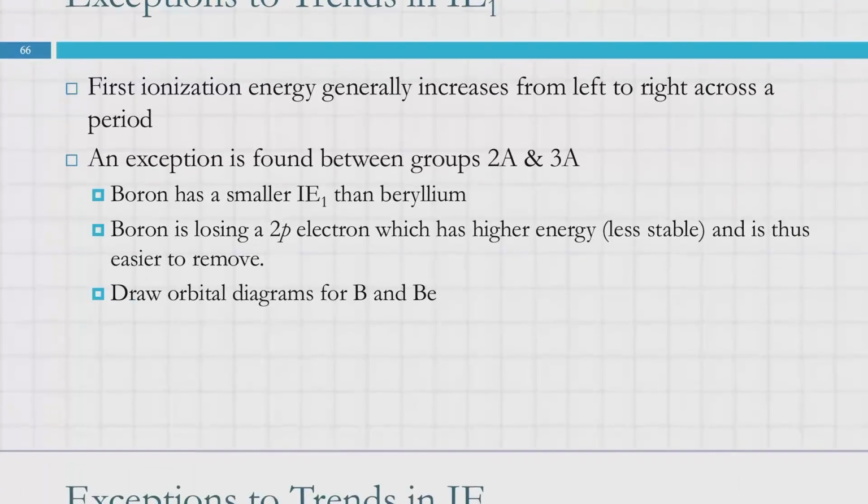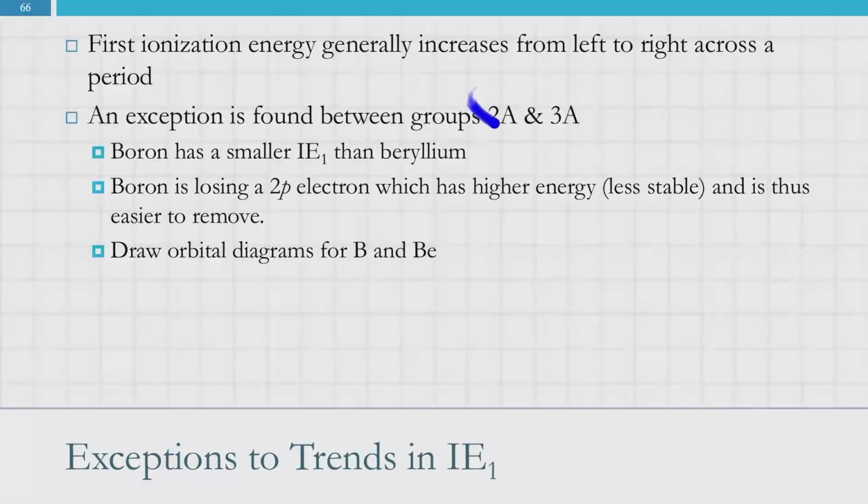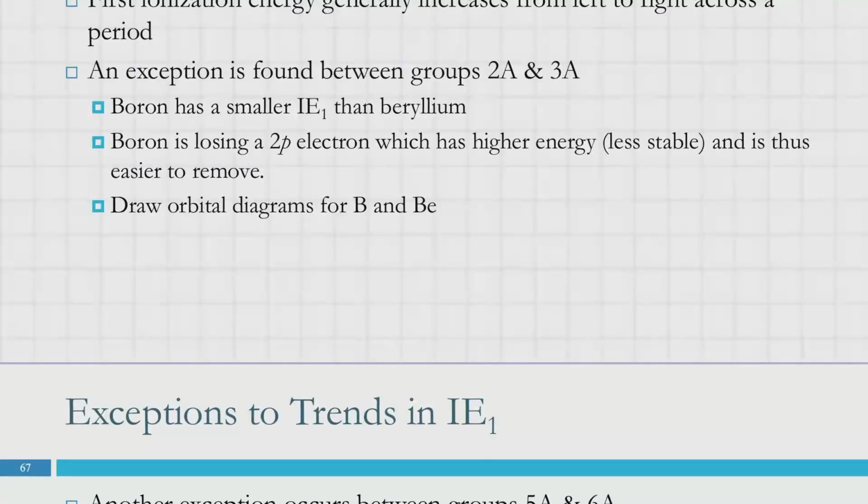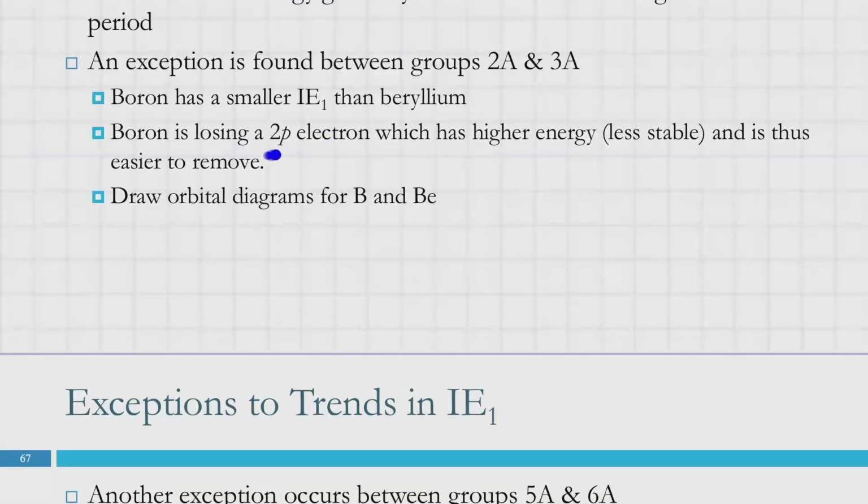So first ionization energy generally increases left to right. There's an exception between our 2A and 3A groups. This has to do with the difference in the energy of the electron. So boron loses a 2p electron versus beryllium's losing a 2s electron.